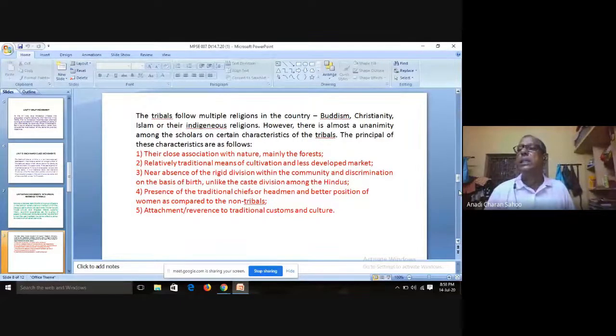The state was initially reluctant to consider the demand for the linguistic reorganization of states, but it had to consider this demand following the death of the Gandhian Srinivasulu, who died on hunger strike demanding a linguistic state for Andhra Pradesh.